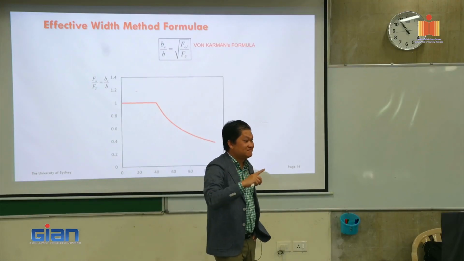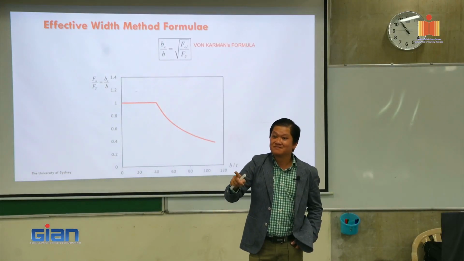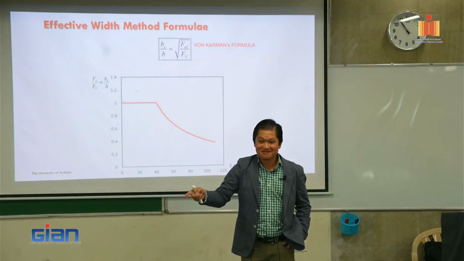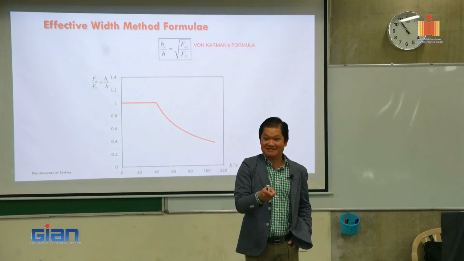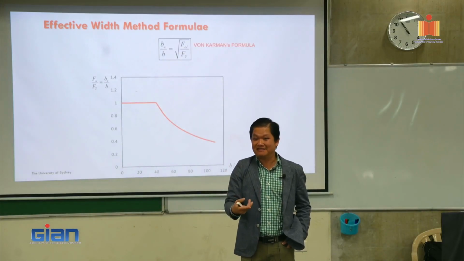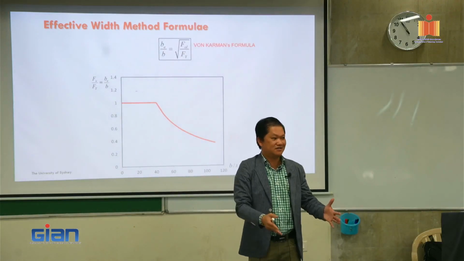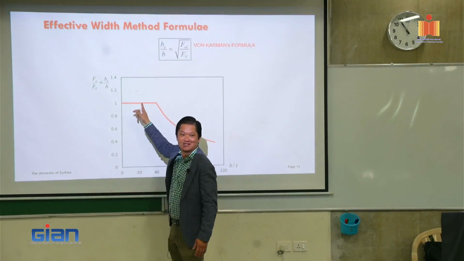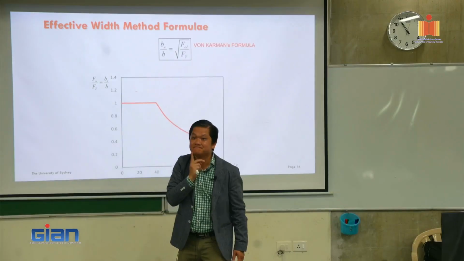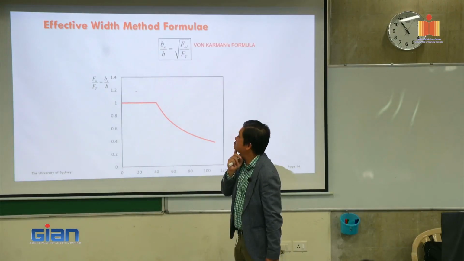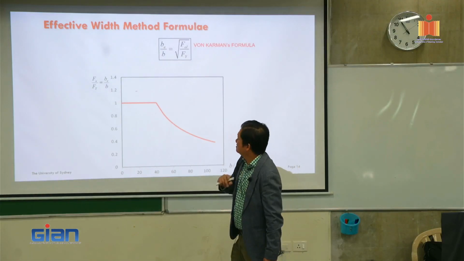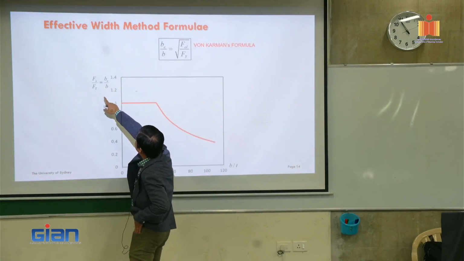It means that b_e is equal to b. Fully effective, doesn't buckle. It yields and then just spreads on. No problem with buckling. So this is actually hollow steel. If you put Fy, it gives b equal to the effective width over the whole width.